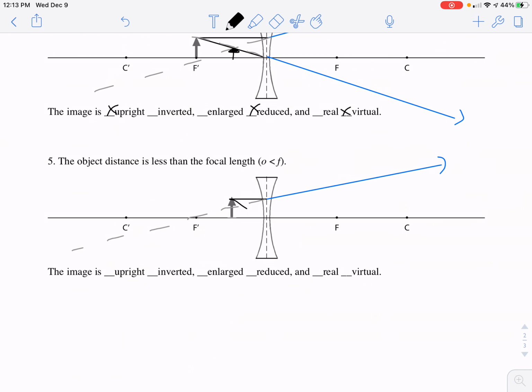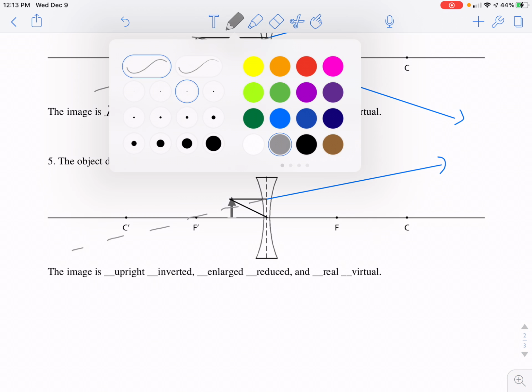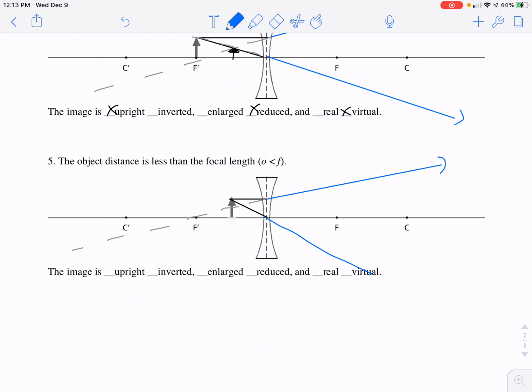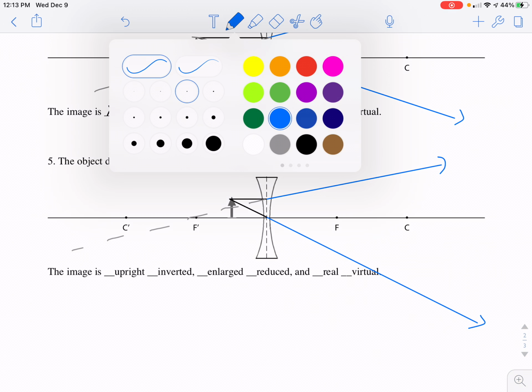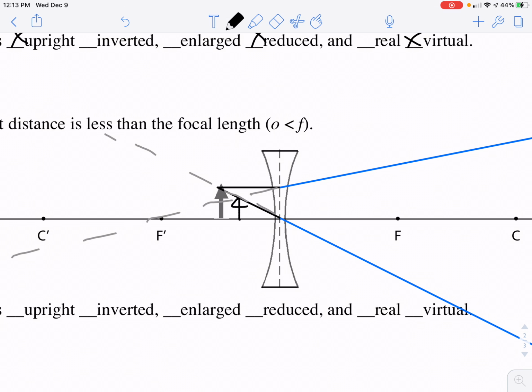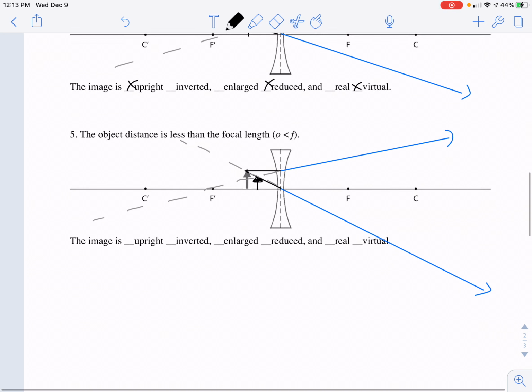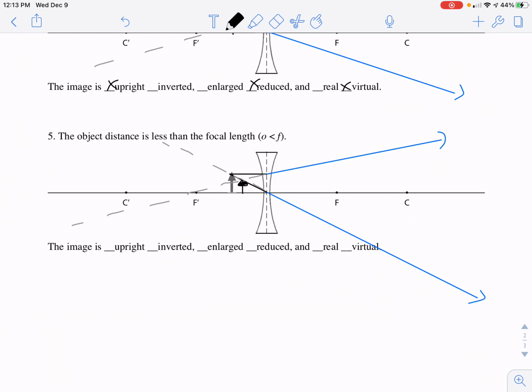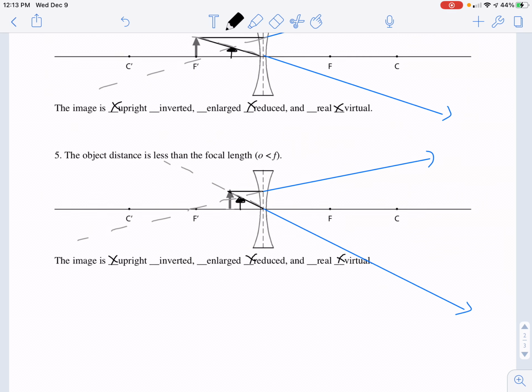Third ray, through the center of the lens, unrefracted. Draw your back ray extension. And we can see that in each of these five examples, we have produced an upright, reduced virtual image.